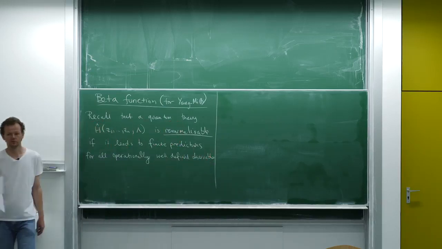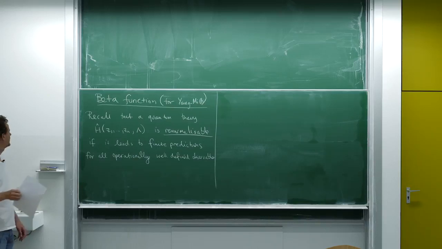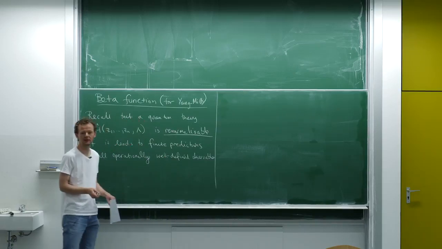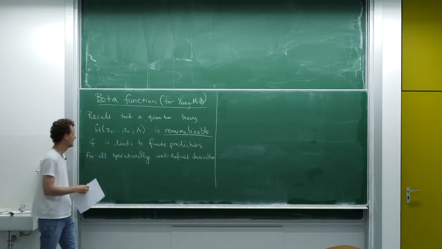This theory is renormalizable if it leads to finite predictions for all operationally well-defined observables. So there are no infinities in things you could actually measure in principle.